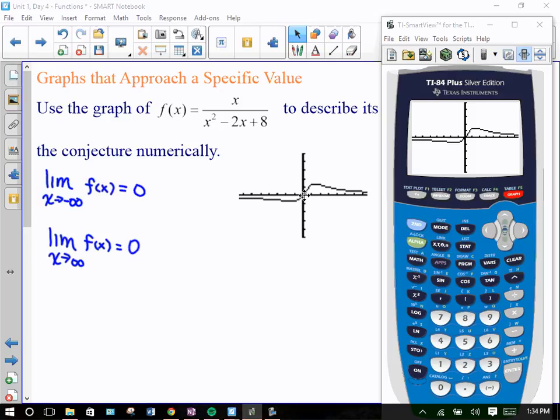Well, the easiest way for you guys to do this is to choose a very small number that's negative and a very big number. So, Leilani, you choose a really small number.